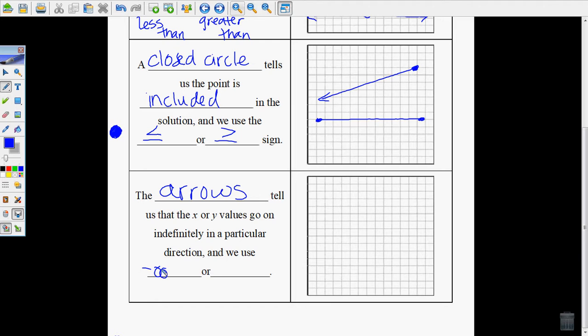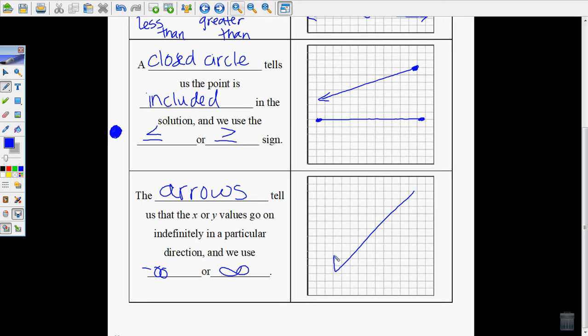It's like a figure eight. So don't judge my infinity symbol. I won't judge yours. Just turn it like this.